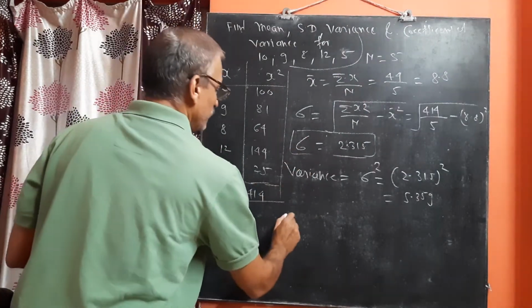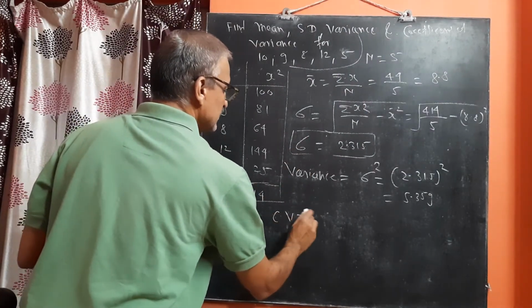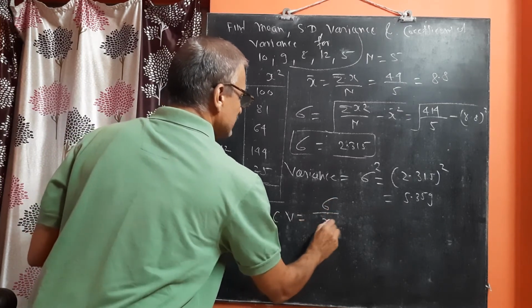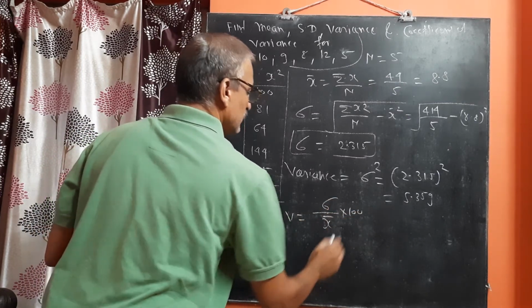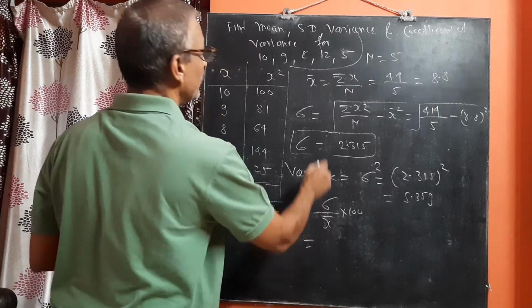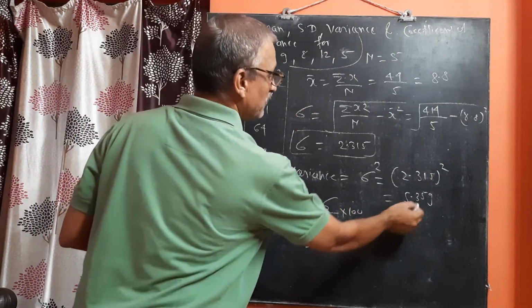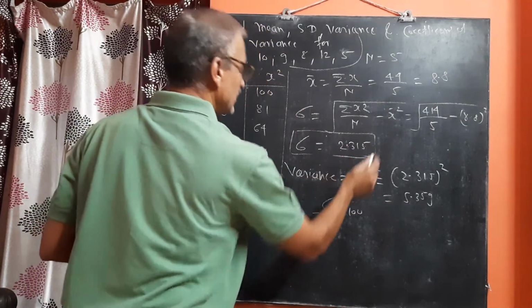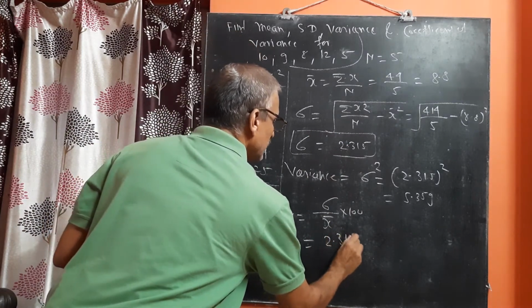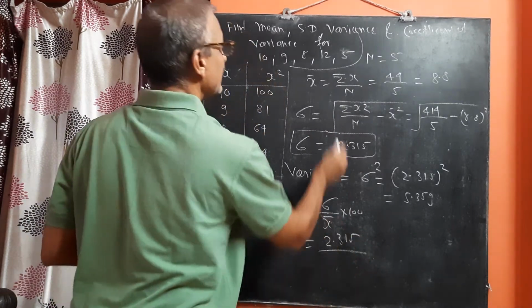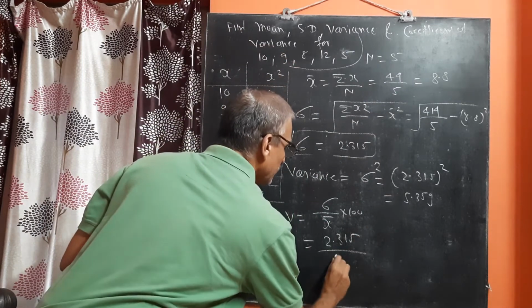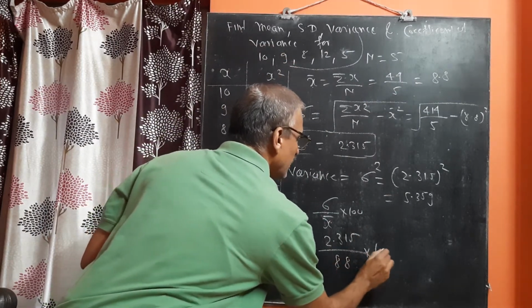Then coefficient of variation is equal to, our formula is sigma upon x bar into 100. Substituting the value of sigma, we have got sigma as 2.315, divided by x bar. x bar we have got 8.8, into 100.